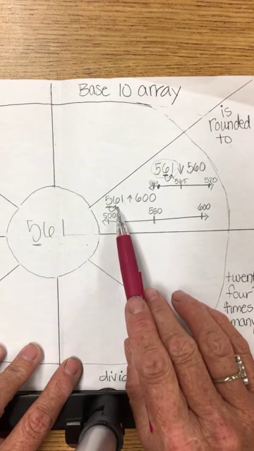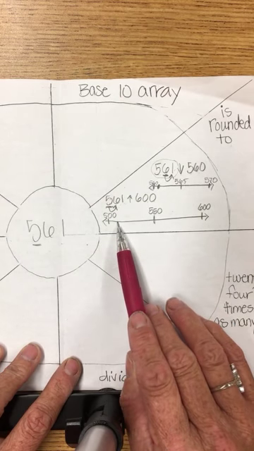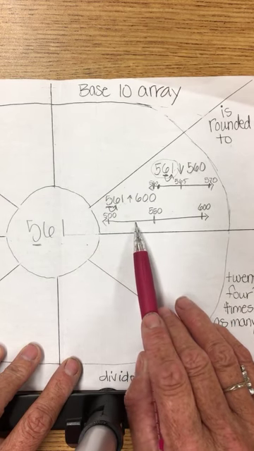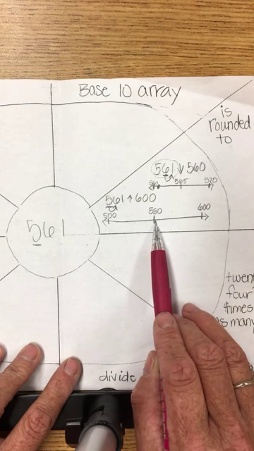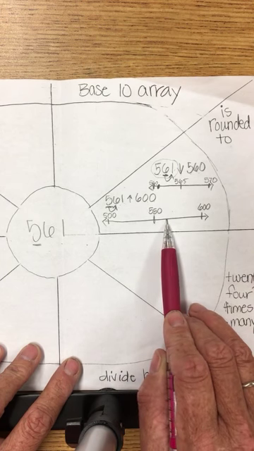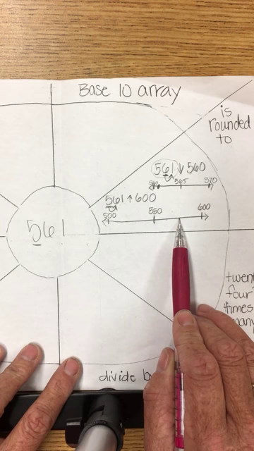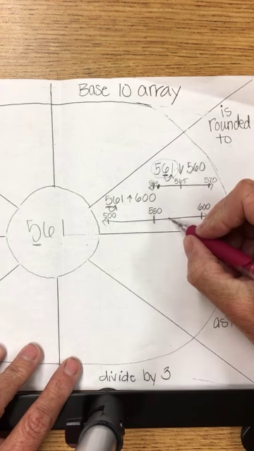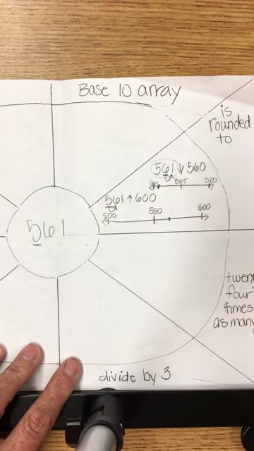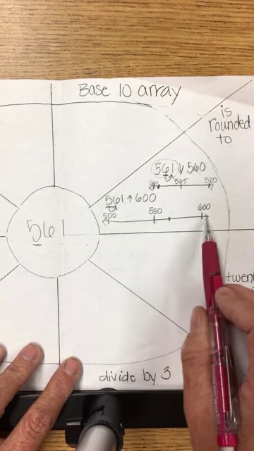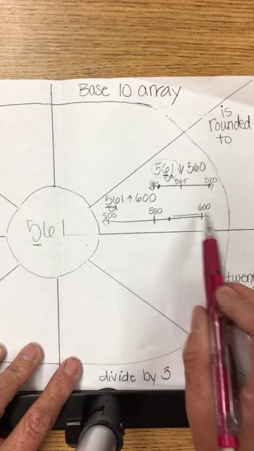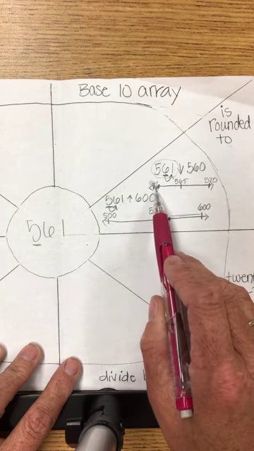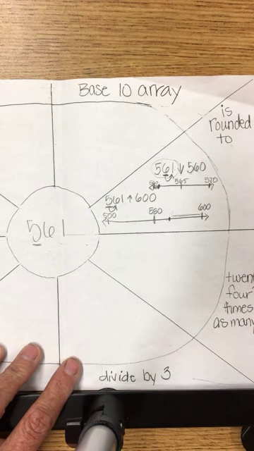So if we count by tens, 500, 510, 520, 530, 540, 550, 560, 570. Well, we have 561, so it's going to be about right there, right? So we know that it's closer to 600 here, just like we have the closer tens there.